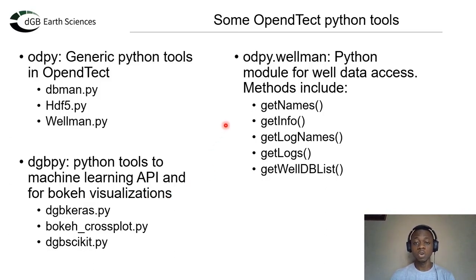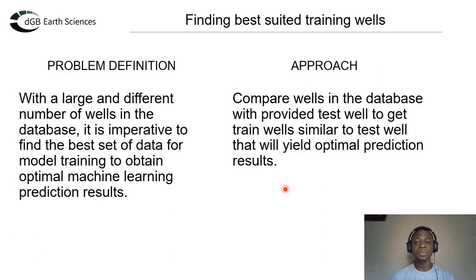So some of the methods, which we'll also be covering when we get to the notebook section of this webinar, include get names, which is used to get the names of wells in the database, and get info, which is used to get information on a particular well, and then get log names, which extracts and returns the names of logs for a particular well, and then get logs, which is used to get the log data itself, and then get well db list. So this returns a set of information on the database, which we'll also look at when we get to that section.